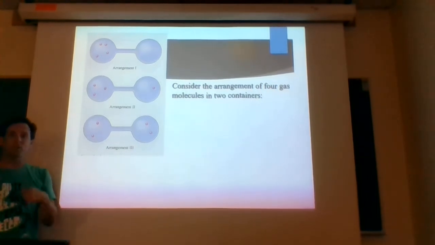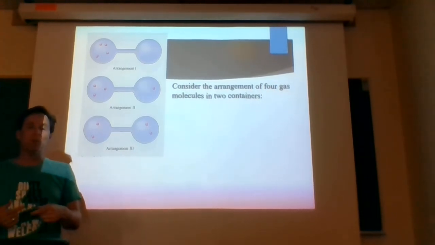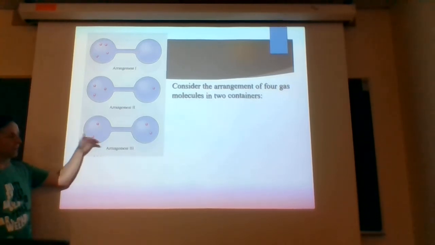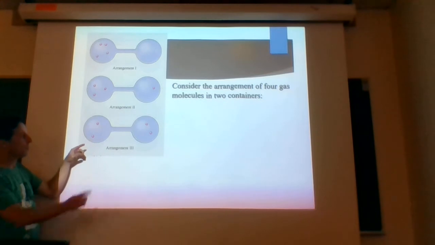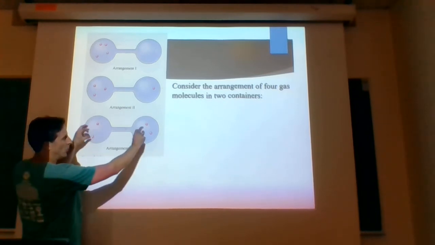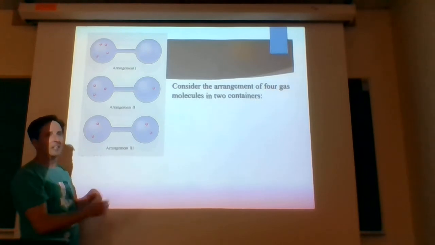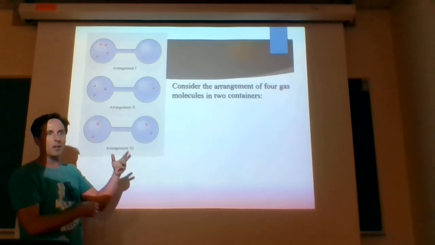The more molecules I introduce, the more the randomness is going to shift, but it's going to favor a system where I'm going to have nearly equal molecules on both sides, because that arrangement statistically is going to be preferred well above the others.